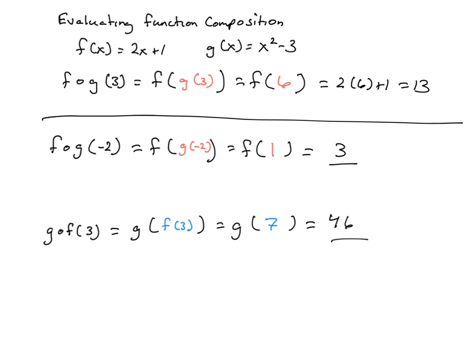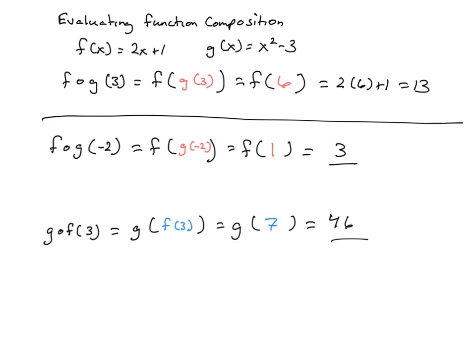For the second one, I have g of f of 3. Now, f of 3 is inside, so I go to function f and plug 3 in for x. That gives me 2 times 3 is 6, plus 1 is 7. So f of 3 is equal to 7, and g of f of 3 becomes g of 7.